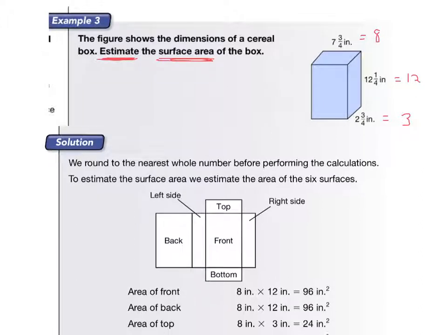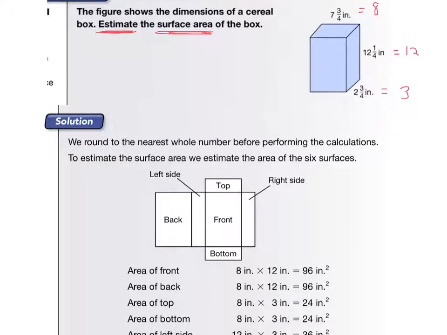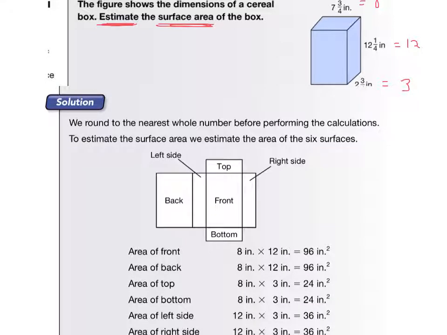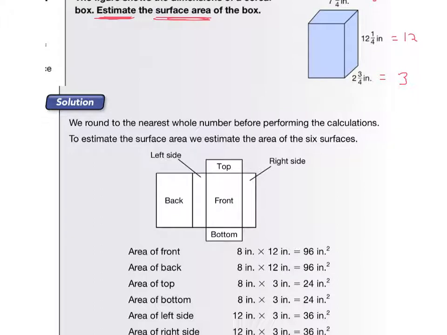So the area of the front of the box, and I don't really like this example, but we're going with it, is right there. So this would be 12 right here, times 8, I believe, 12 times 8.